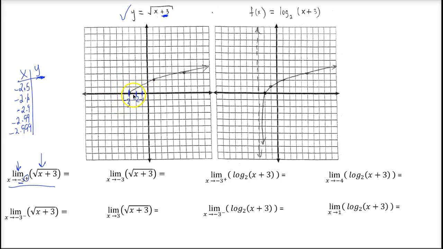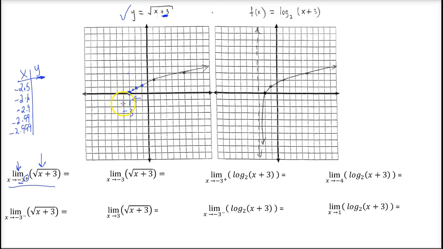Okay. Now, I'm going to go ahead and erase this. Here's our point here. Now we see as x gets closer and closer to -3 here, the y values, if we started to plot these points here, are starting to get closer and closer and closer to 0.